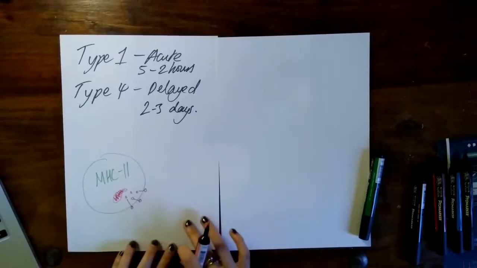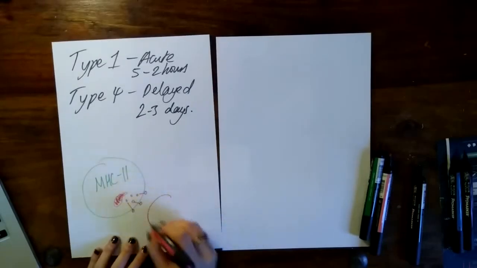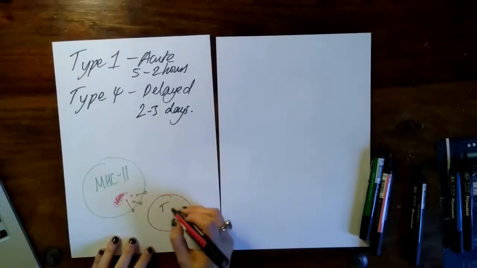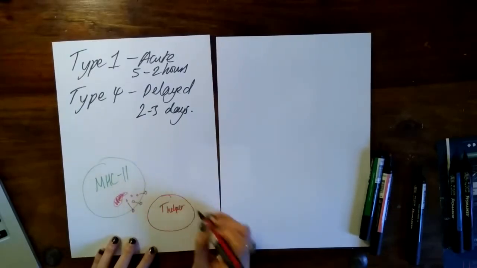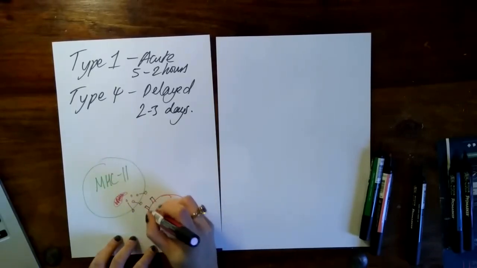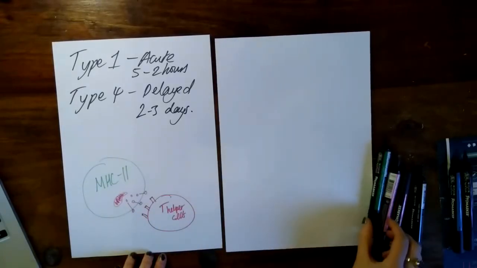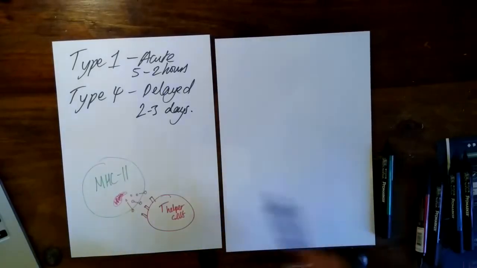The allergen fragments are detected by T cells, specifically the T helper cells, which are involved in many immune signaling processes.